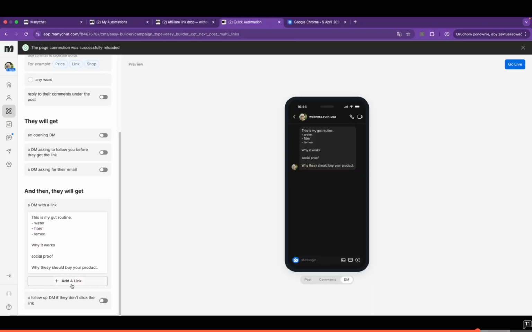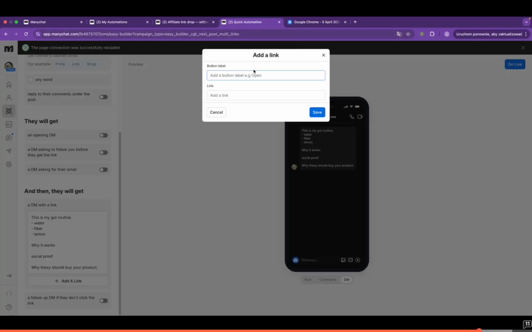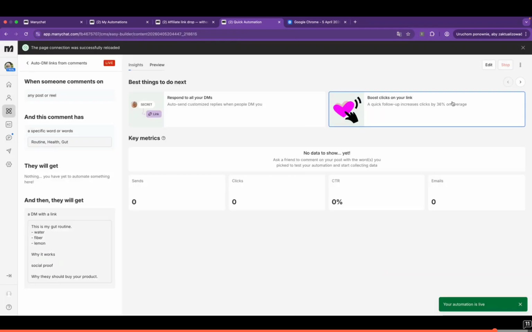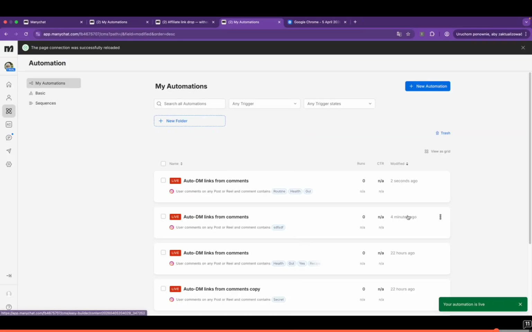And then here you add a link. You can, for example, say, let's say you're selling, I don't know, moringa. So you can say moringa here, or you can do click here. It kind of depends on the context of what you wrote in your message. And then you just add your Amazon Associates link right here, or whatever link you're currently using. And just like that, you've created your first automation. This is this one, routine health gut. As you can see, it's live and it's already working.